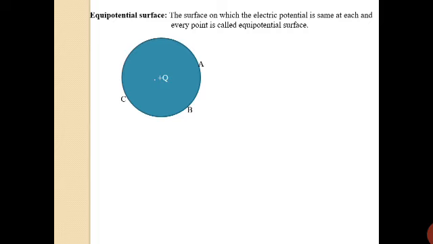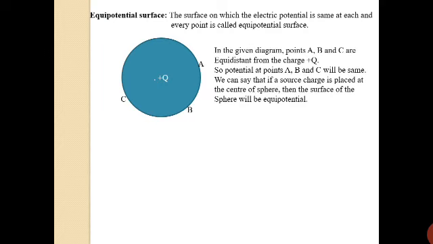So in this case A, B, C and many other points on the surface of this sphere will be at the same distance from the main charge, so each and every point of this sphere will have the same potential on the surface, and such a surface is given the name equipotential surface. Equi is basically coming from equal. The same thing is written here: points A, B and C are equidistant from the main charge, so the potential at A, B, C will be the same, and the same explanation is given here.